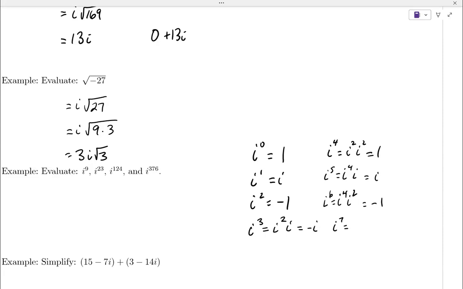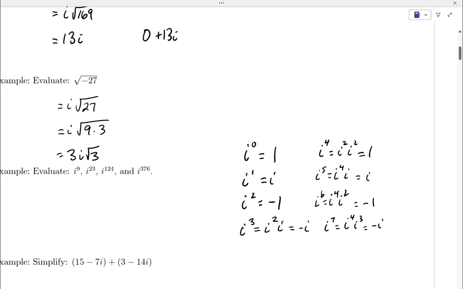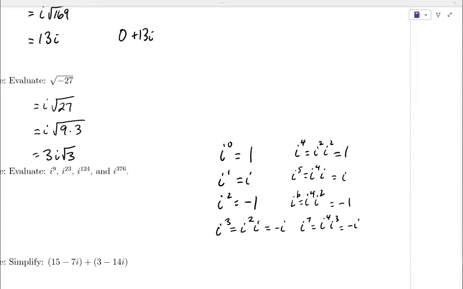I'll go through it one more time here, but i to the 7th is i to the 4th times i cubed. i to the 4th was 1. i cubed was -i. We just get -i, right? So you see the pattern? What do you think i to the 8th is equal to? 1. i to the 9th is i. i to the 10th, -1. i to the 11th, -i, right?